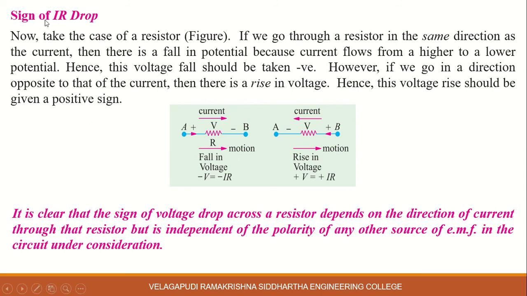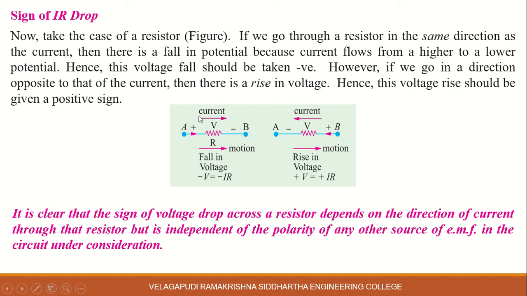Next, the sign of IR drop, that is, voltage drops at circuit elements. Here circuit elements are resistor, capacitor and inductor. Now take the case of a resistor in this figure. If we go through a resistor in the same direction as the current, then there is a fall in potential, because current always flows from higher potential to lower potential.